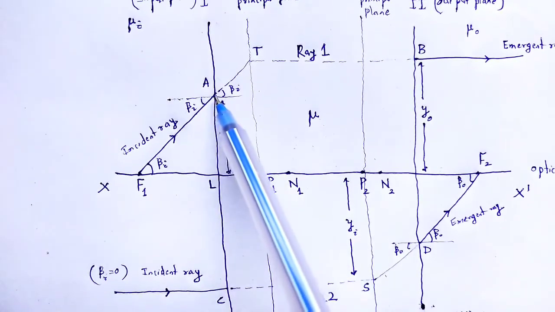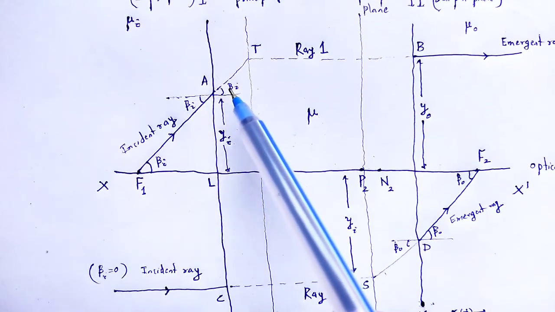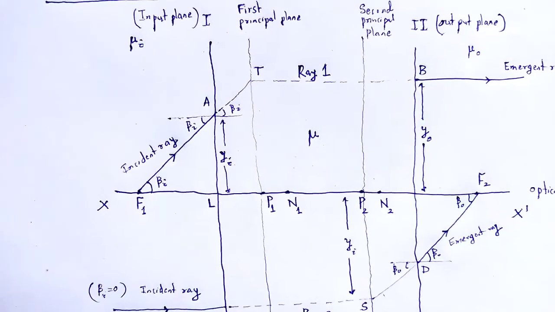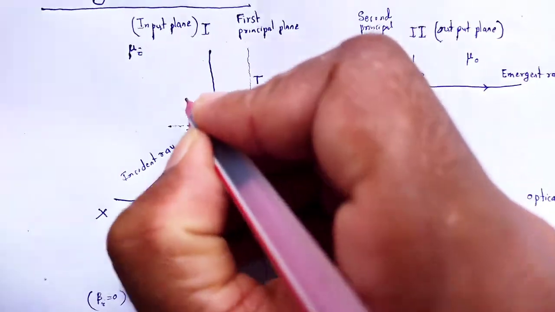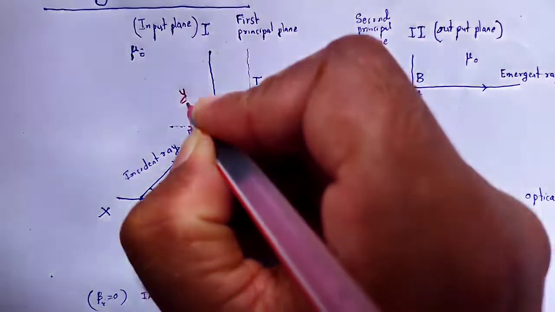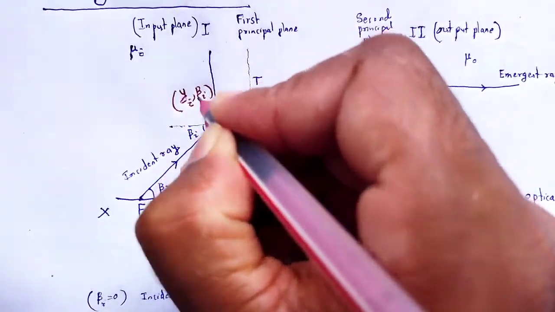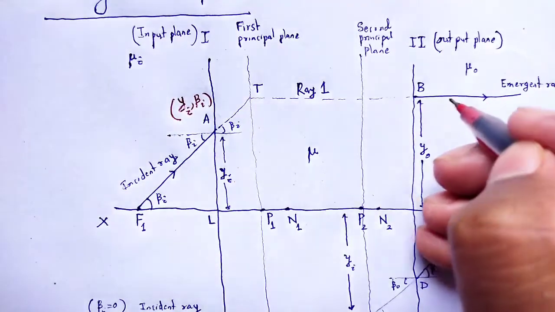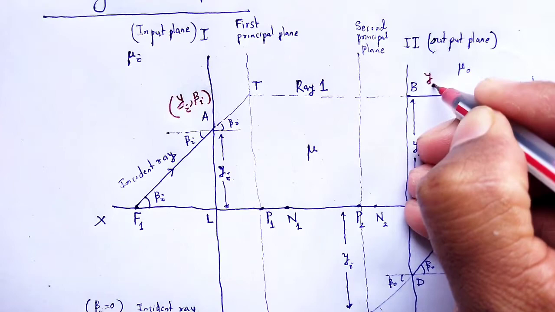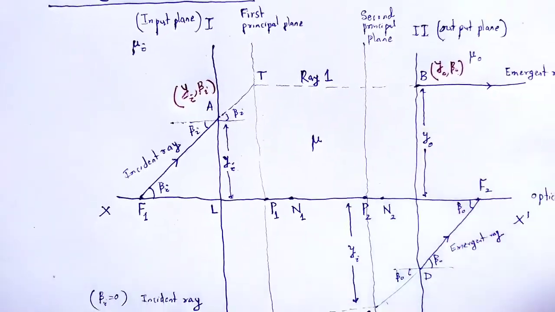Here the coordinate of point A is yi, beta I, for the input one, and for the output one, the coordinate yo, beta O is the coordinate of point B.